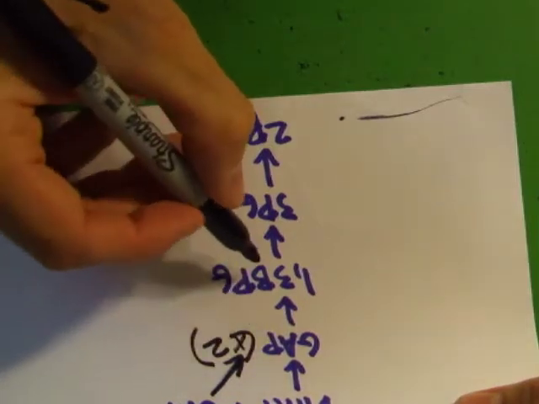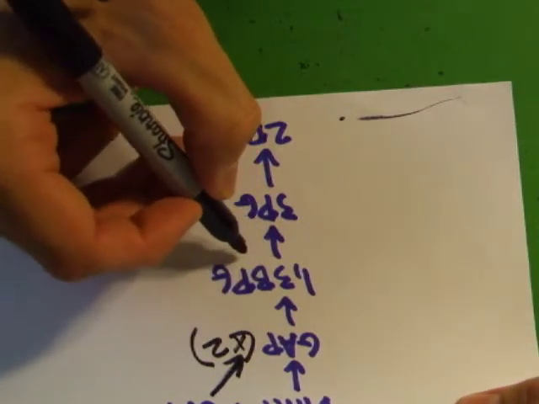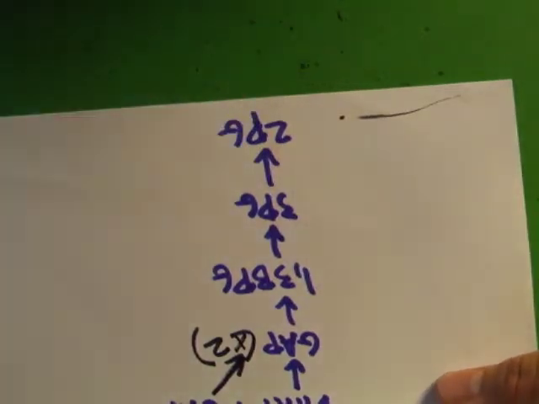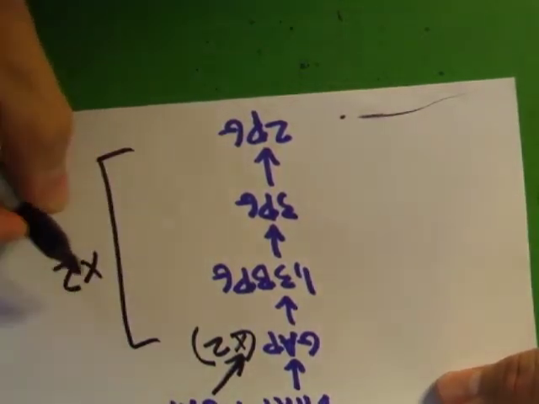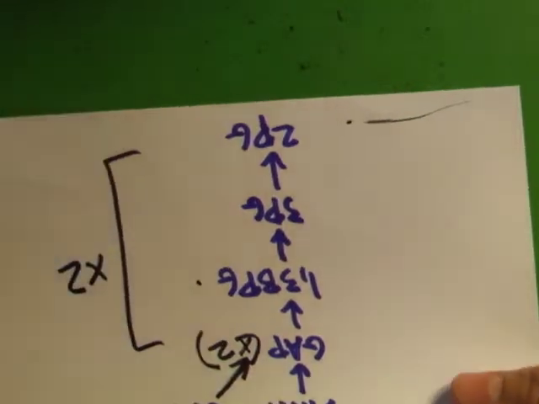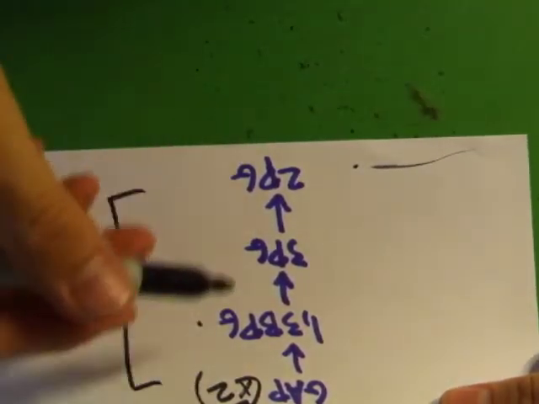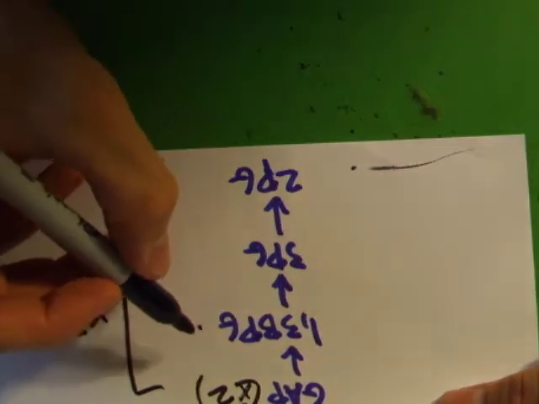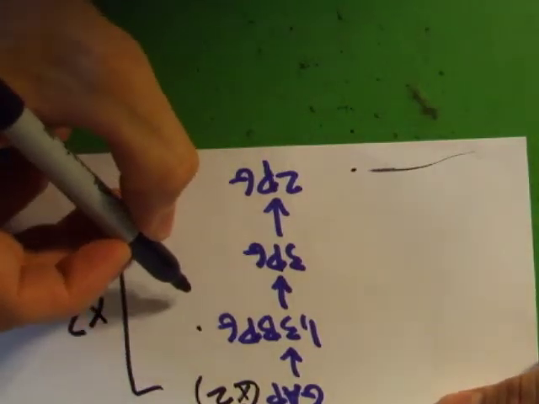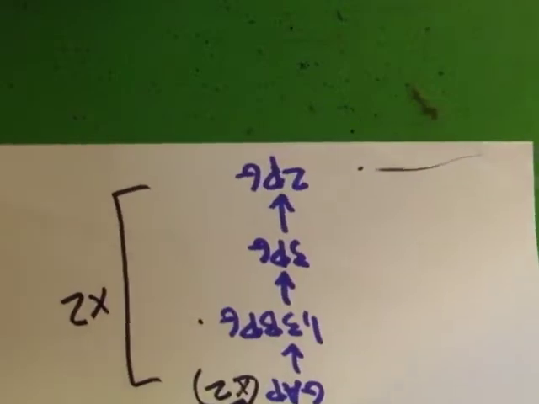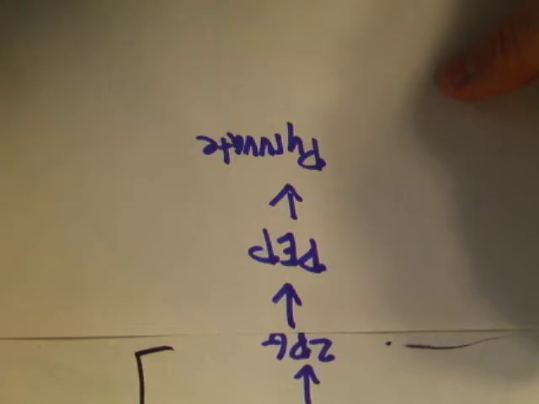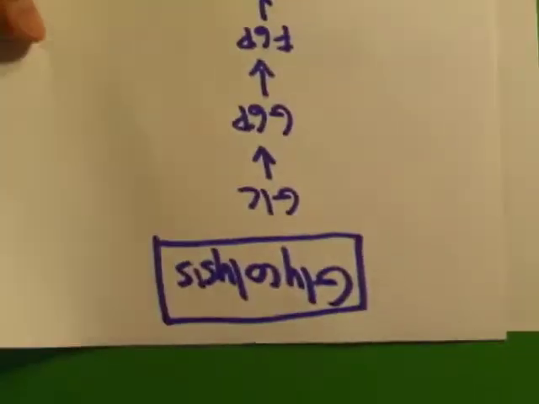So you have 2 GAPs, and you're going to turn that into 1,3-BPG. If you're really interested, all of this is times 2. So you have 2 of these, 2 of these, 2 of these, but you just need to write it out once, knowing that halfway through it doubles. 1,3-BPG goes to 3PG, which turns into 2PG. 2PG turns into PEP, which turns into pyruvate, and that's the end of glycolysis.